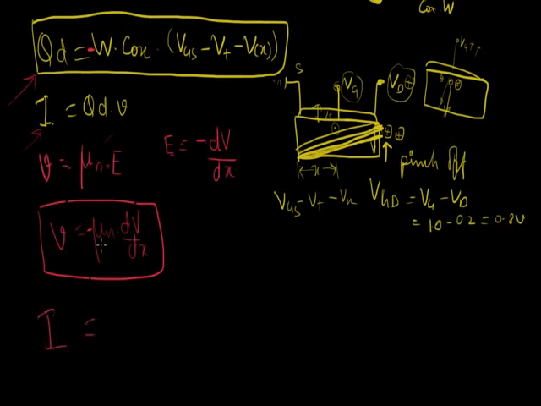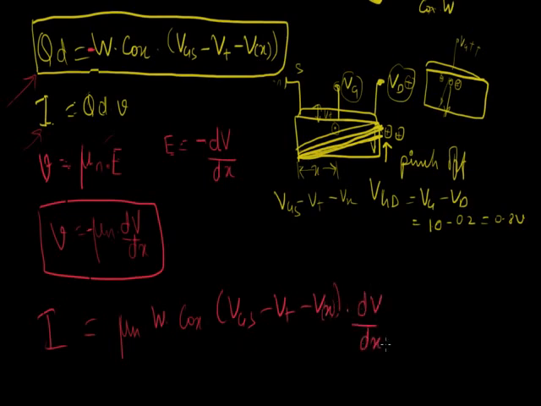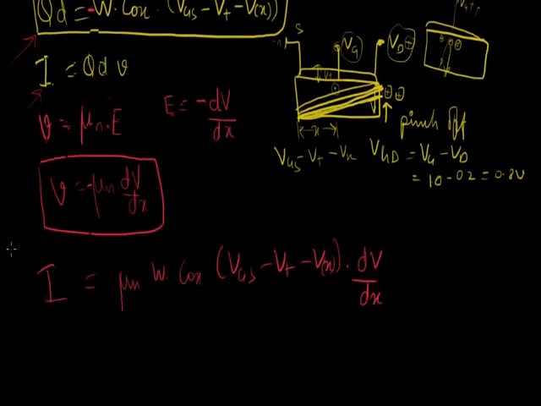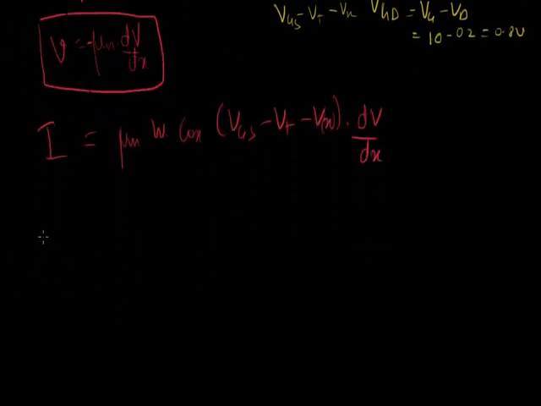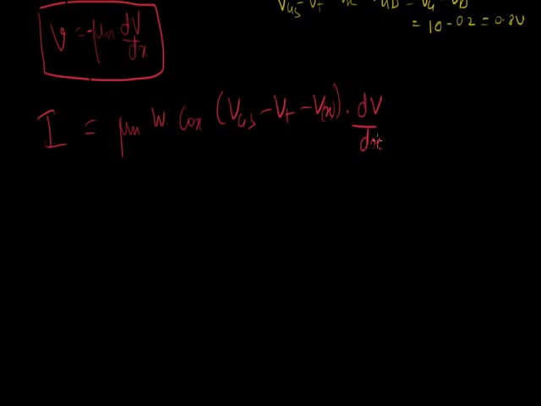So we get I equals minus times minus becomes plus, so we have mu n times W times Cox times VGS minus VT minus V of x, times dV over dx. It isn't that long, but don't worry, it's a very simple equation. And the best part is you know where it came from. Let's now take the dx to this side.